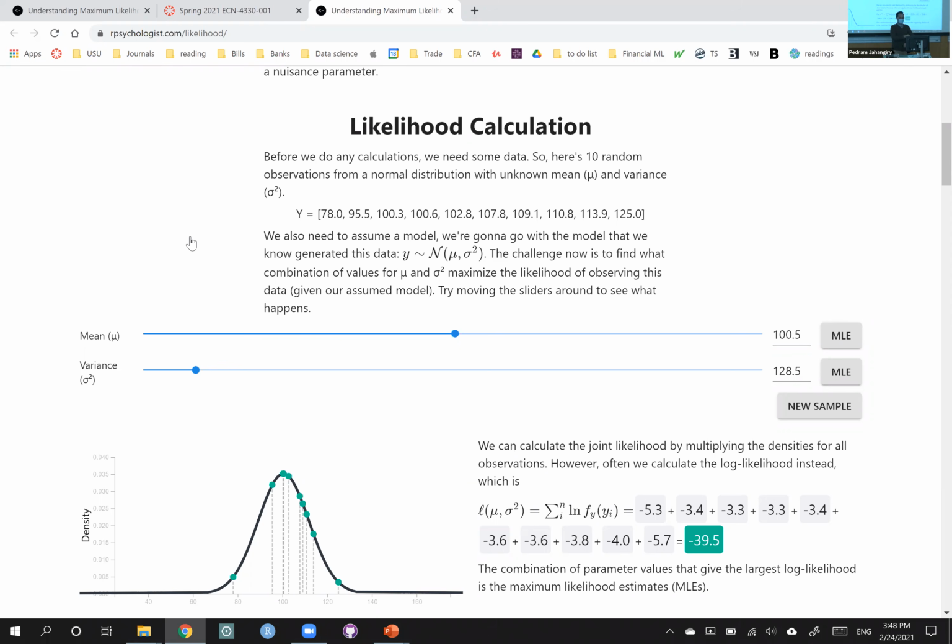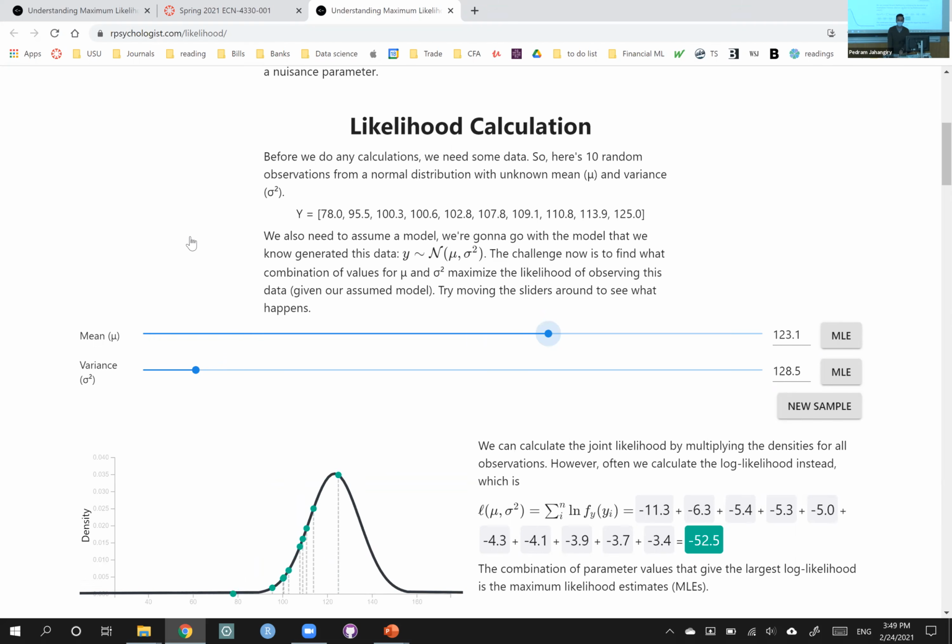So remember, I calculate the joint probability that the first observation is 78, the next is 95, the next is 100, 100.6, and so on, given the parameters of the distribution, here mu and sigma. If I can find that probability and maximize it by changing the parameters, then I come up with the maximum likelihood estimation.